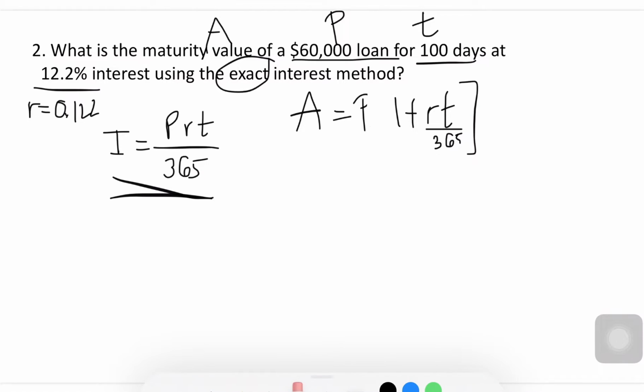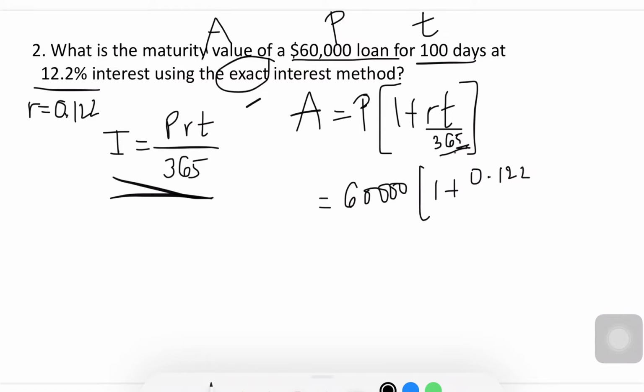Since it is multiplication, include R in the division. If this is ordinary, then you will write 360 here. So we have 60,000 times 1 plus what is R? 0.122 times the time, 100 days, divided by 365.